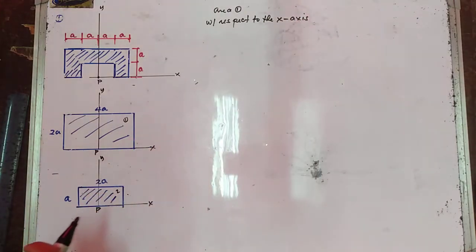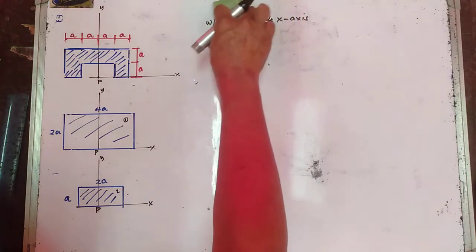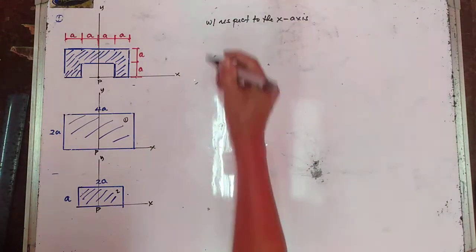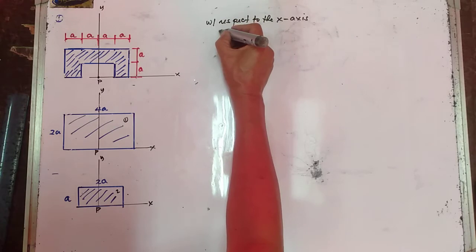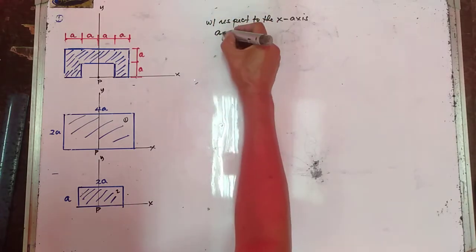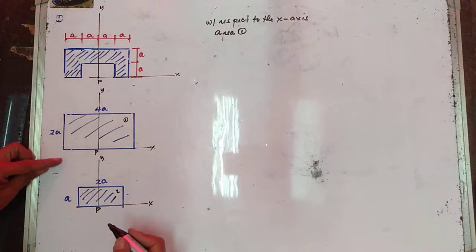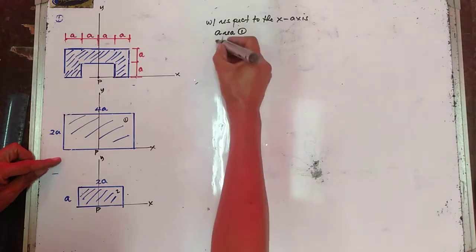So the moment of inertia with respect to the x-axis, let's start with area 1. So this is now your area 1.